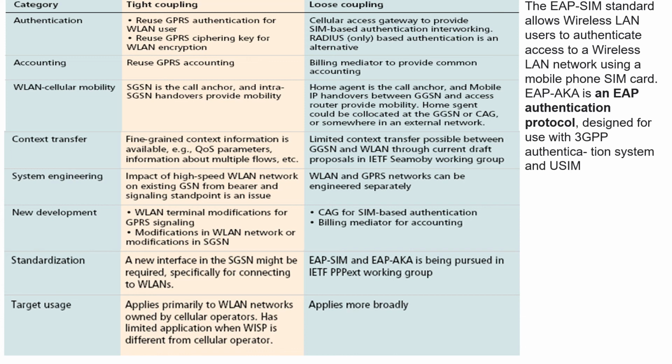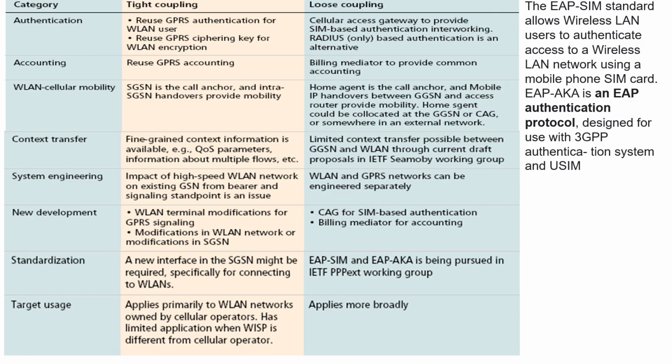As for new development, wireless LAN terminal modifications for GPRS signaling are required. Suppose you need a modification, the entire core network infrastructure which has already been deployed has to be changed, whereas in the loosely coupled system, it is enough if you change the features in the gateway itself.